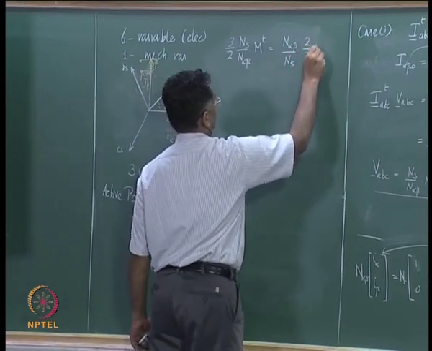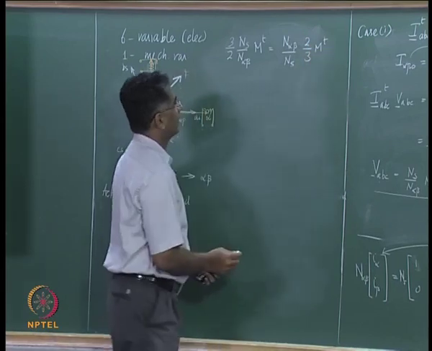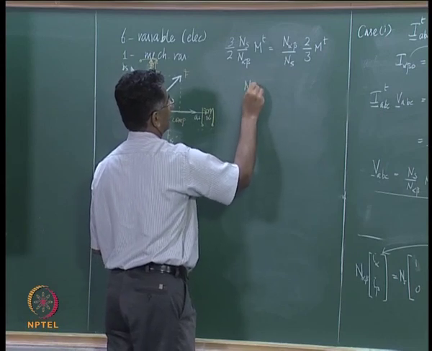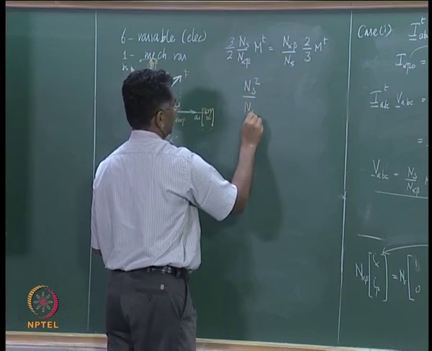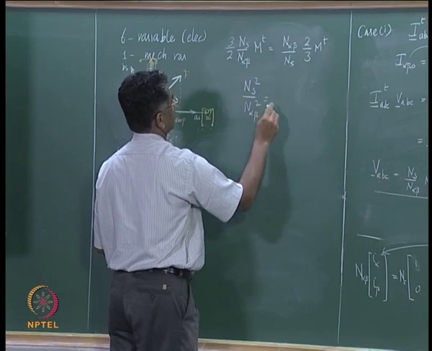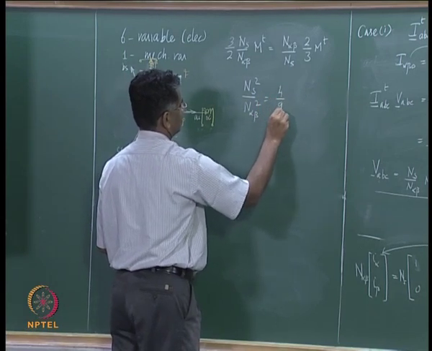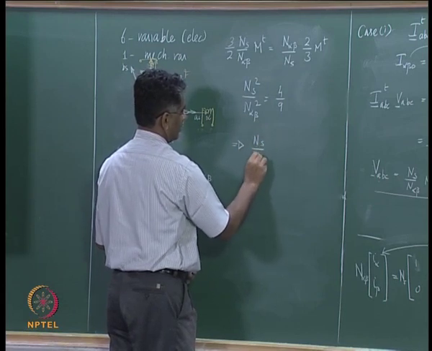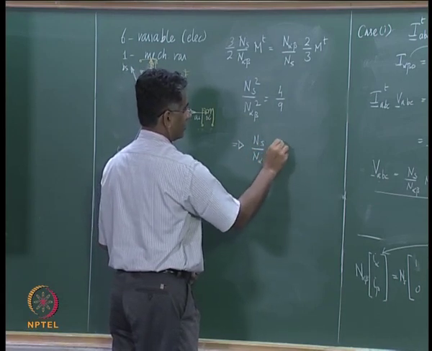So 2 by 3 times m transpose. Therefore what you have is these two terms will be equal if ns square by n alpha beta square is equal to 4 by 9, which means that ns by n alpha beta is equal to 2 by 3.